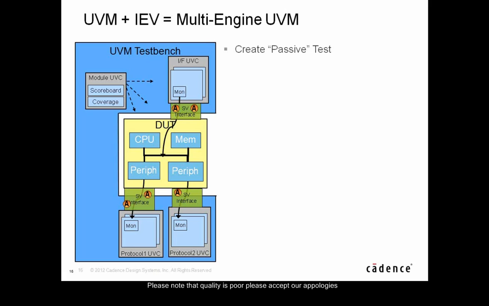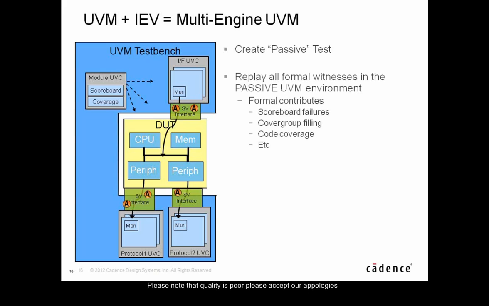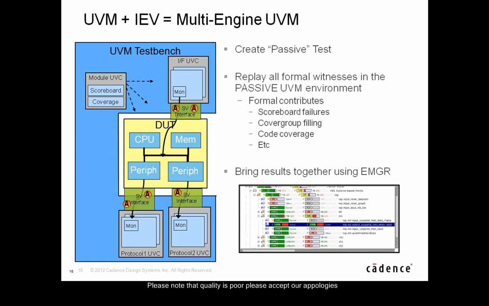And when we replay it, the tool, transparent to the user, runs a simulation using this trace, and during the course of that simulation run, the UVM test bench will also get exercised, and we will harvest coverage information from it. So you can have your scoreboards, all your monitors, checks, everything on, and these will get exercised and get dumped into the coverage database the same way that you would have in a simulation run.